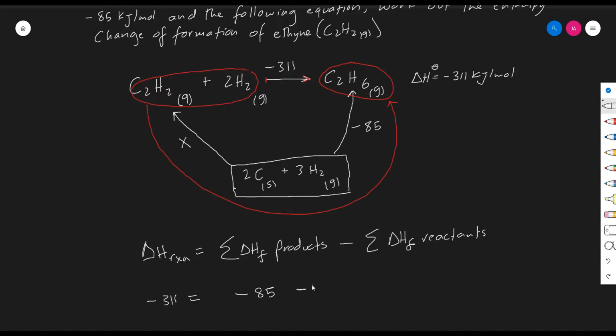Thus it would be added as negative X, and I would solve for X. Thus X would equal 311 minus 85 kilojoules per mole.